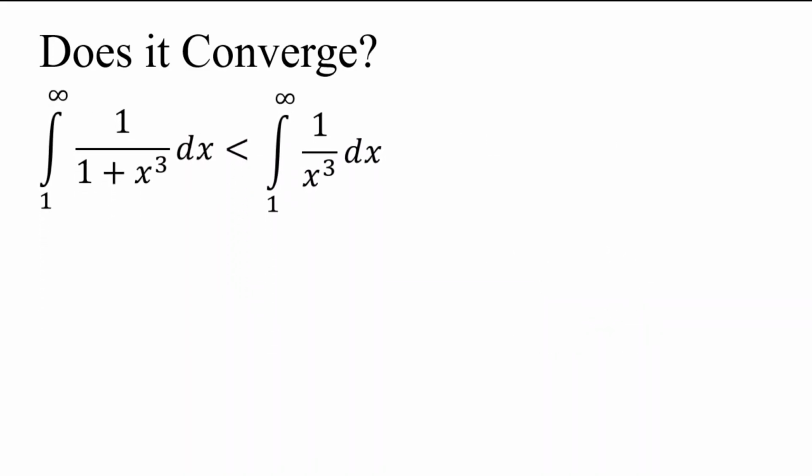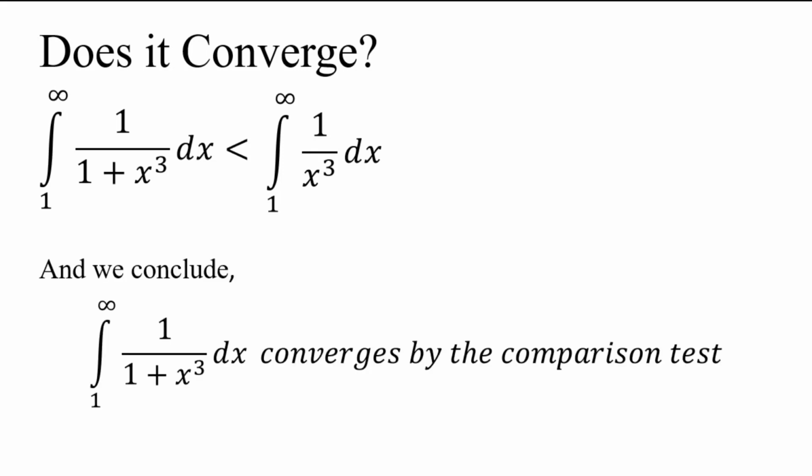And since the integral from 1 to infinity of 1 over 1 plus x cubed dx is less than the convergent integral from 1 to infinity of 1 over x cubed dx, I get to say that our original integral converges by the comparison test.